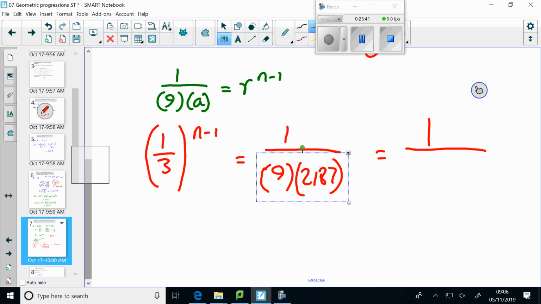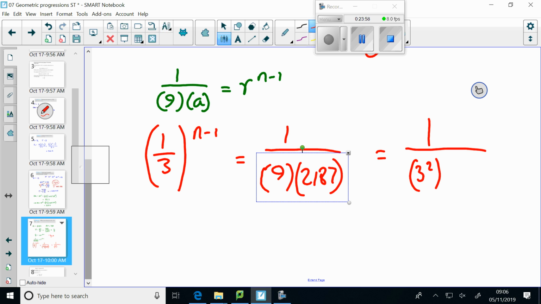Preferably 3. What power do we have to put on 3 to make 9? So we can write that as 3 to the 2.